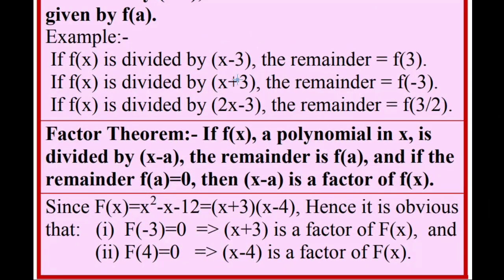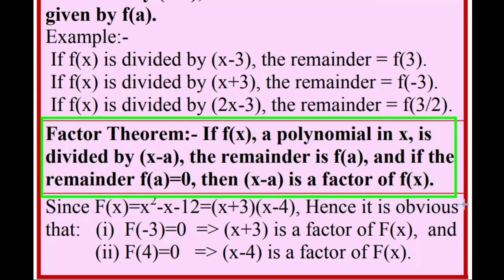Let's see next, and the next is the factor theorem. Factor theorem says that if f(x), a polynomial in x, is divided by x minus a, then we know very well that the remainder obtained is f(a).